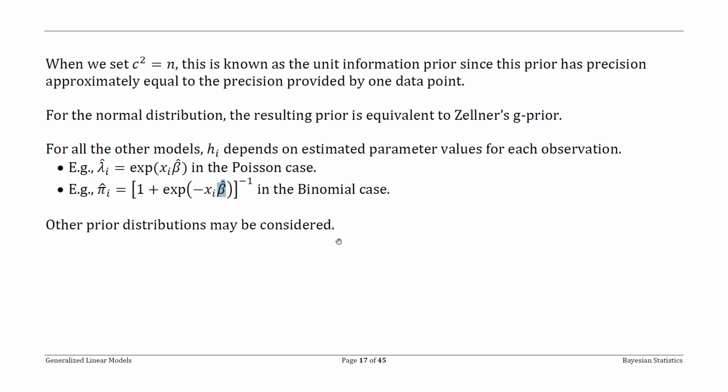And of course, you can consider what the h_i should be for other distributions, but this tells us how to specify the diagonal elements of our H matrix for the two cases of the Poisson distribution and the binomial distribution, which are the distributions that we're going to be focusing on in this particular chapter.